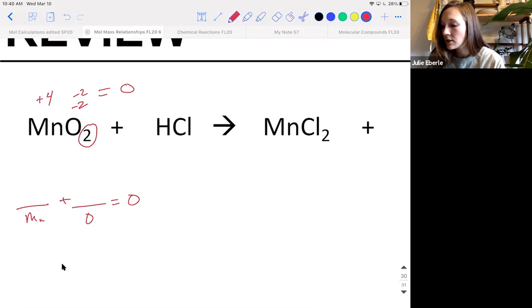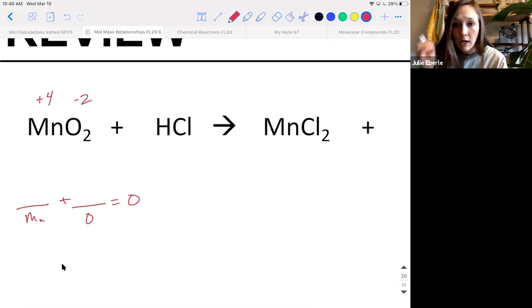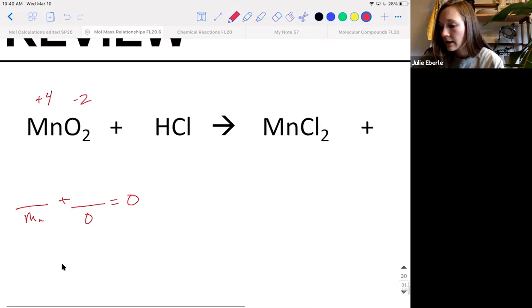So we've got oxygen as a -2. I'm going to erase some of my equation stuff and just write in the oxidation numbers. An individual oxygen atom is a -2 oxidation number, and manganese is +4. Okay, let's slide over to HCl. What do you want to give hydrogen? What do you want to give the chloride?